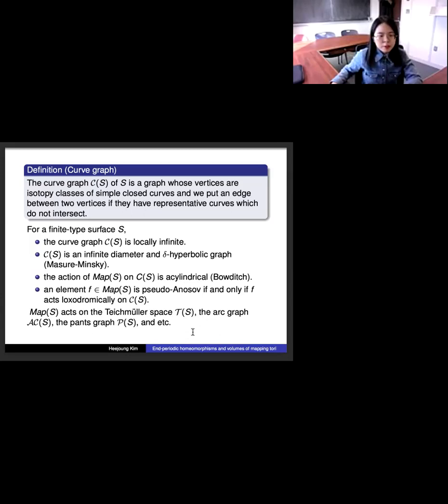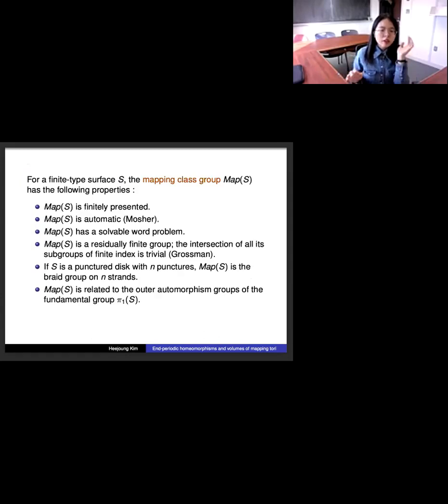So let's move on. Now I want to say some properties of mapping class groups. We consider the mapping class group of a finite type surface. First of all, the mapping class group is finitely presented.